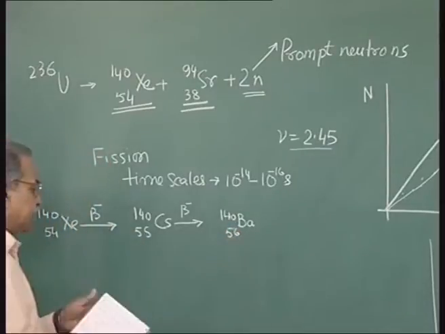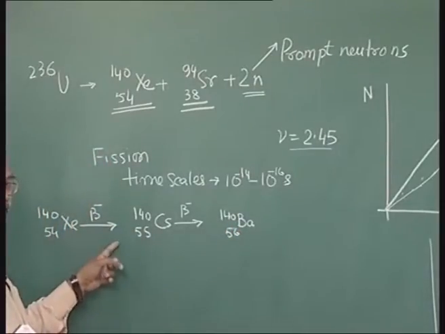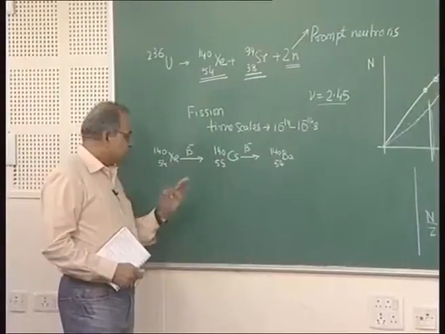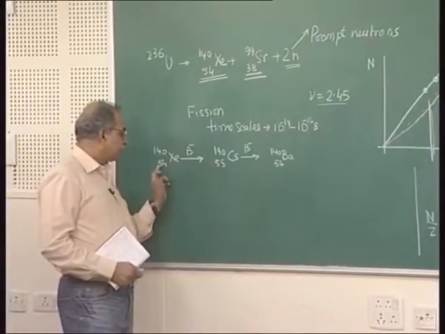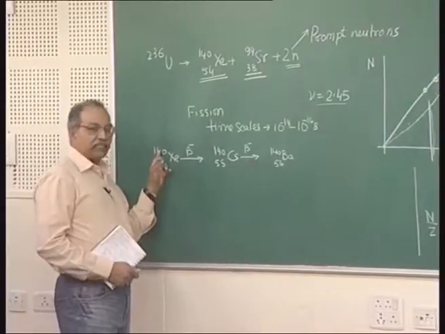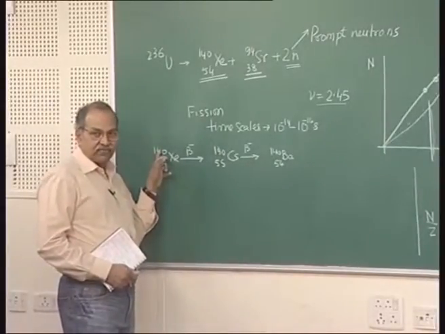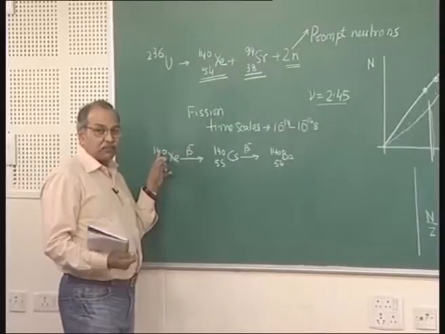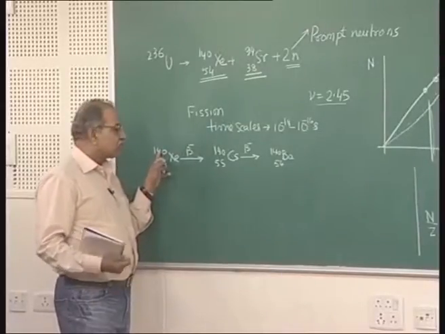In beta decay, the proton number will increase by 1 because a neutron is converted into a proton. So, 54 becomes 55, 55 becomes 56 and so on. The total number of nucleons remains the same, 140, because a neutron is converting into a proton. So, the total nucleon number is not affected.